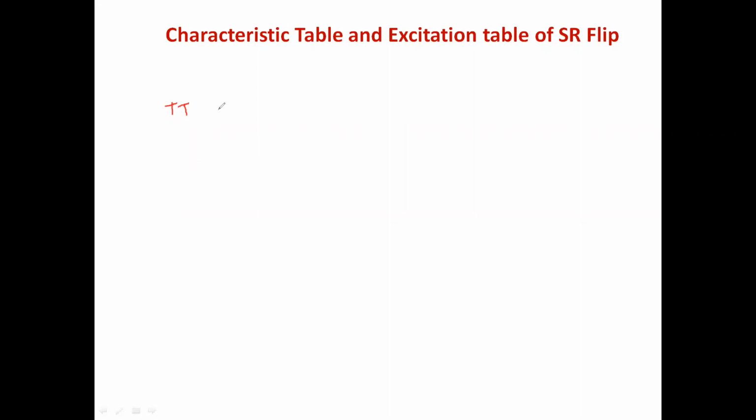So first let me write the truth table for SR flip-flop so that I can easily write the characteristic table and excitation table. As I discussed yesterday, for SR flip-flop, I'll write the inputs. S and R are the inputs, and I will assume the clock is always high. Since I have two inputs, I will have four combinations of inputs: 0 0, 0 1, 1 0 and 1 1.